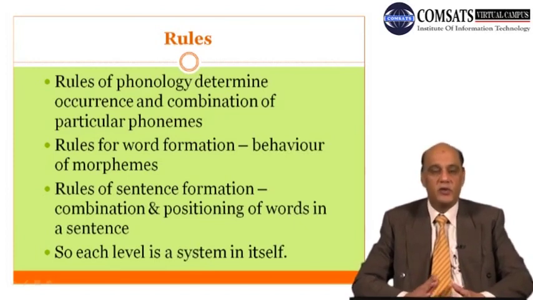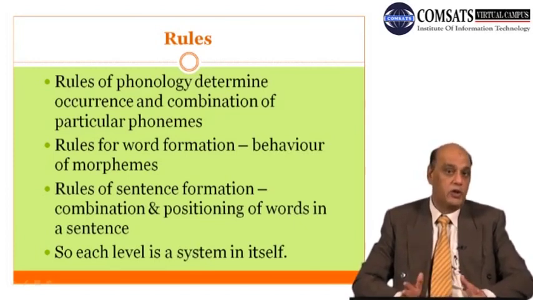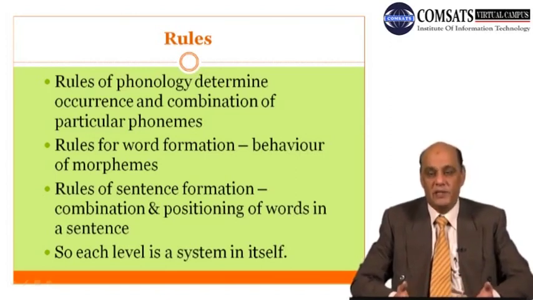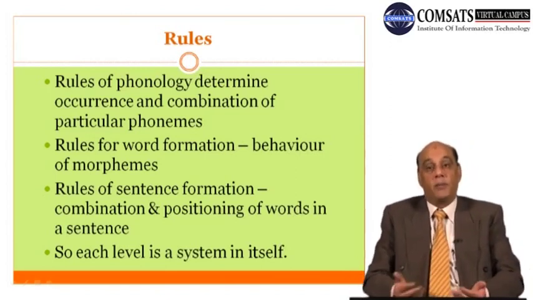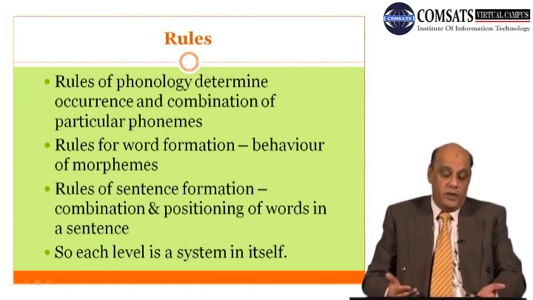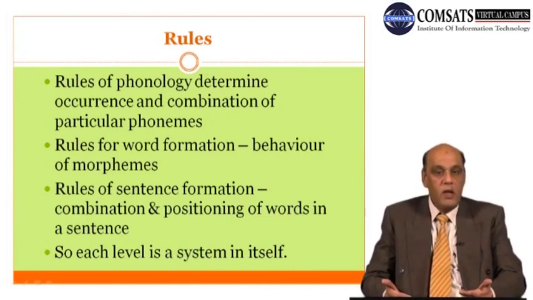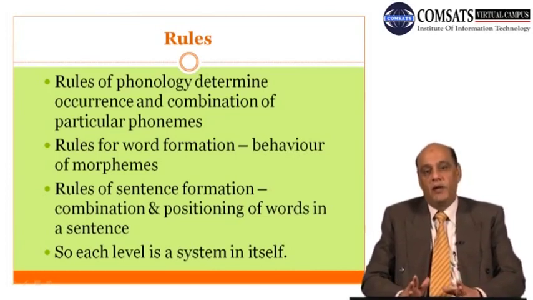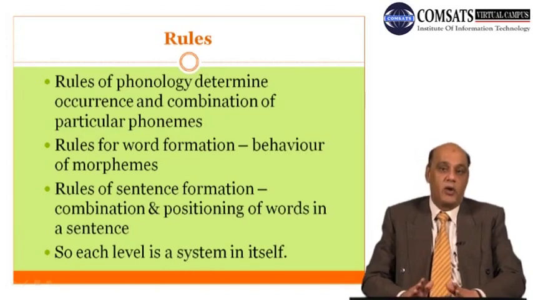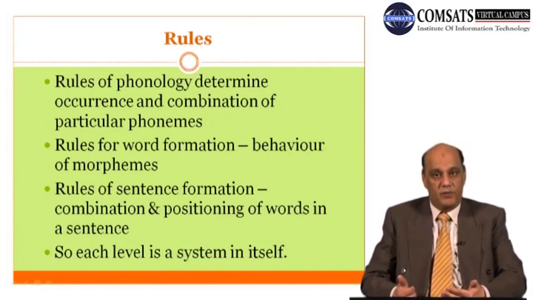For example, if you change the positioning of the words, you get a different meaning, and sometimes a meaningless utterance, a meaningless sentence which doesn't have any comprehensible meaning. But again, when we look at the combination, sometimes when the words are combined in different orders, the meaning of the sentence changes.